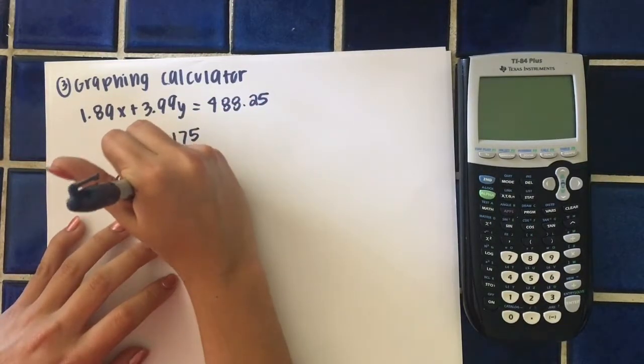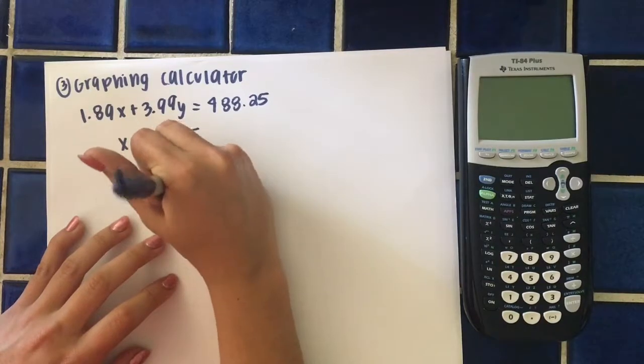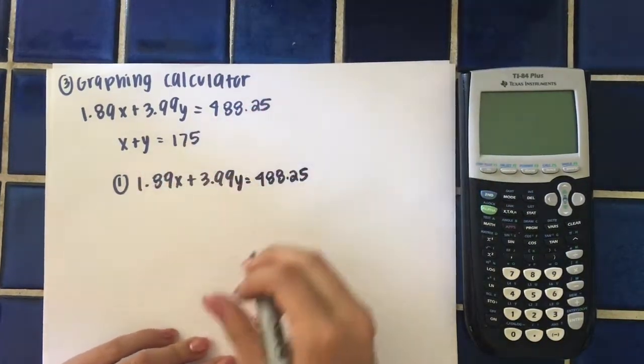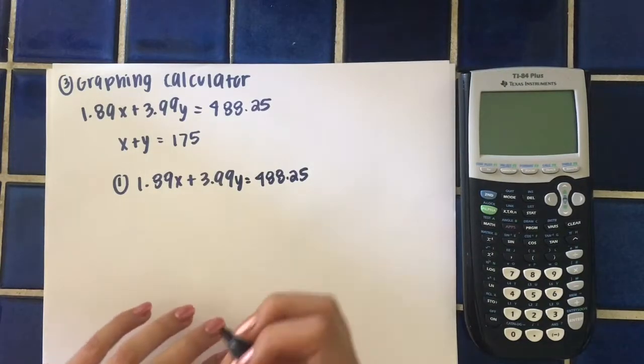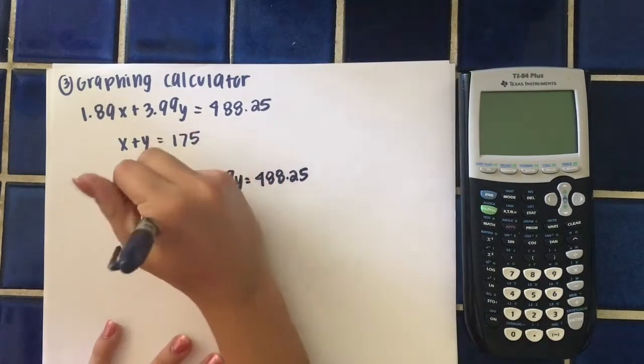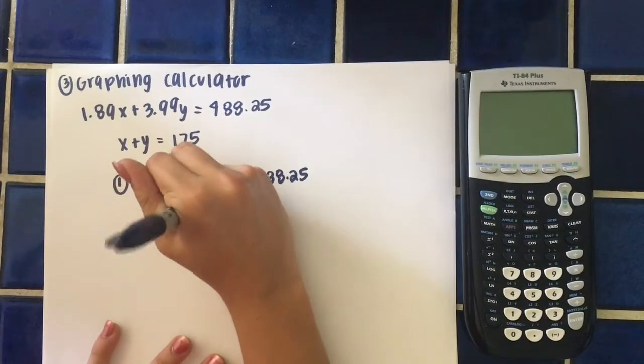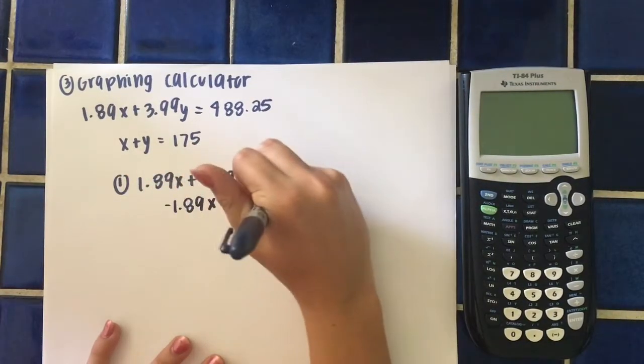So we have 1.89x plus 3.99y equals 488.25, and now let's solve it for y. So we're going to subtract 1.89x from both sides.